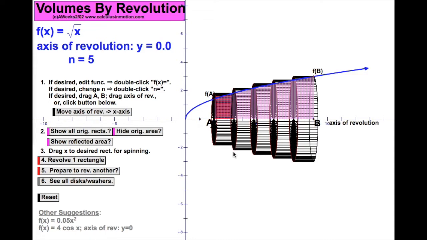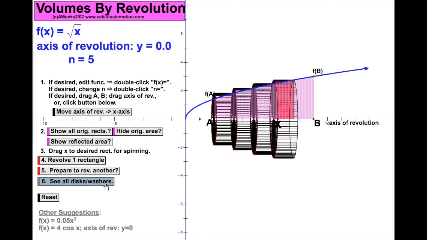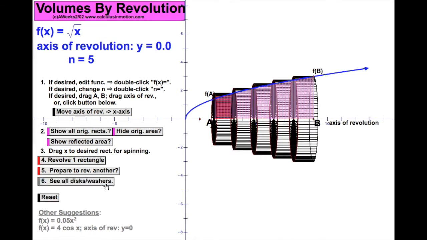In this case specifically, we are using RRAM because we chose the right endpoint to define the height of the rectangle. And adding these, we can find an estimation of the volume.